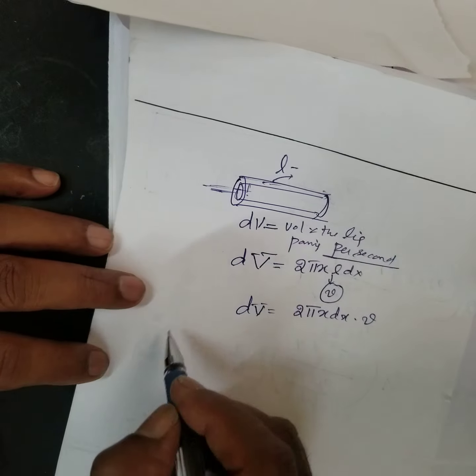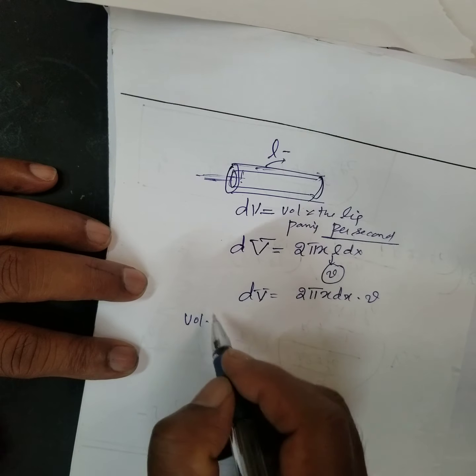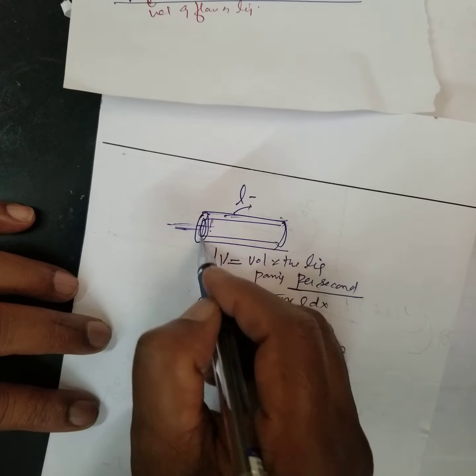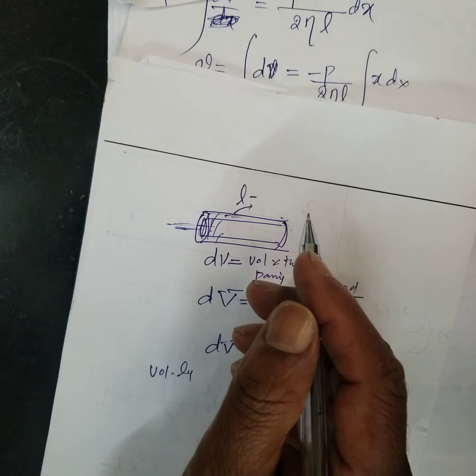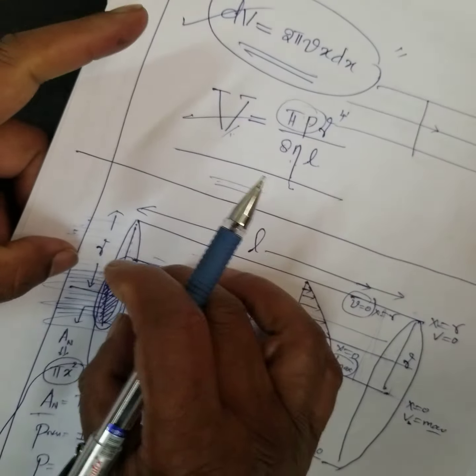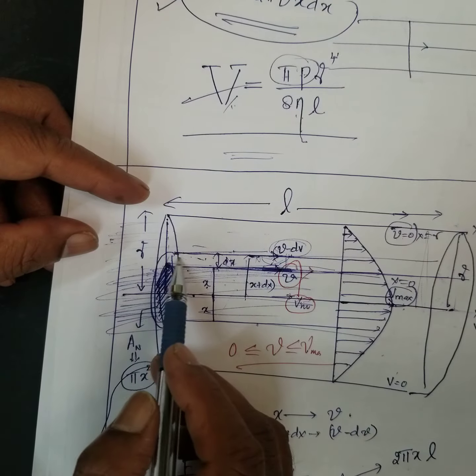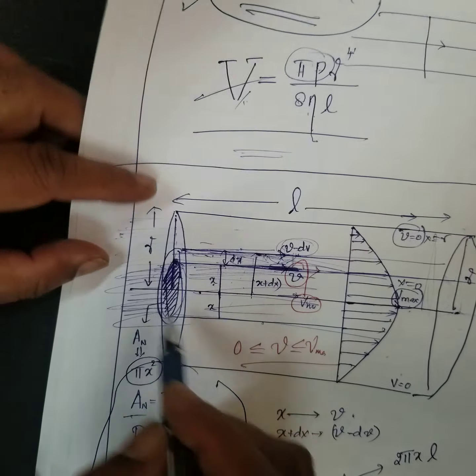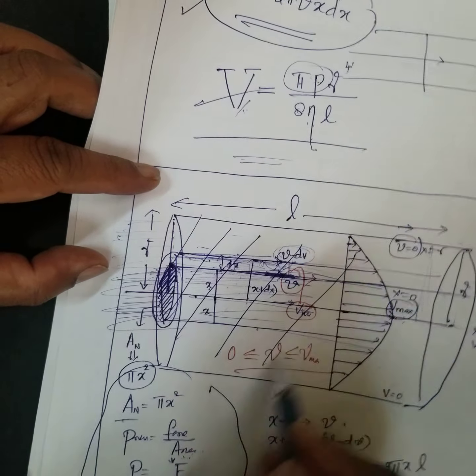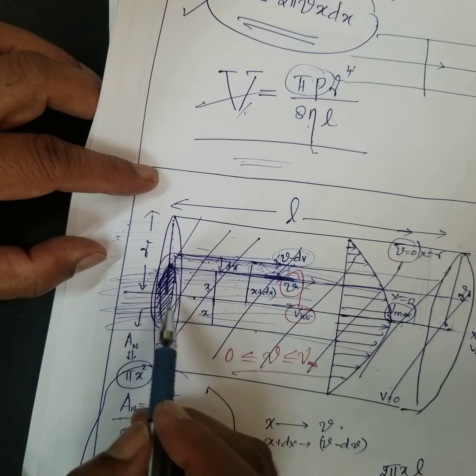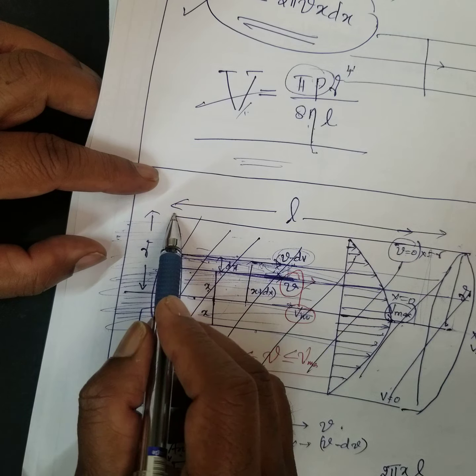Now, volume of the liquid. See, the entire volume of the liquid flowing. This is this much portion. Now, what about the entire volume of the liquid flowing, whose radius is from 0 to r?